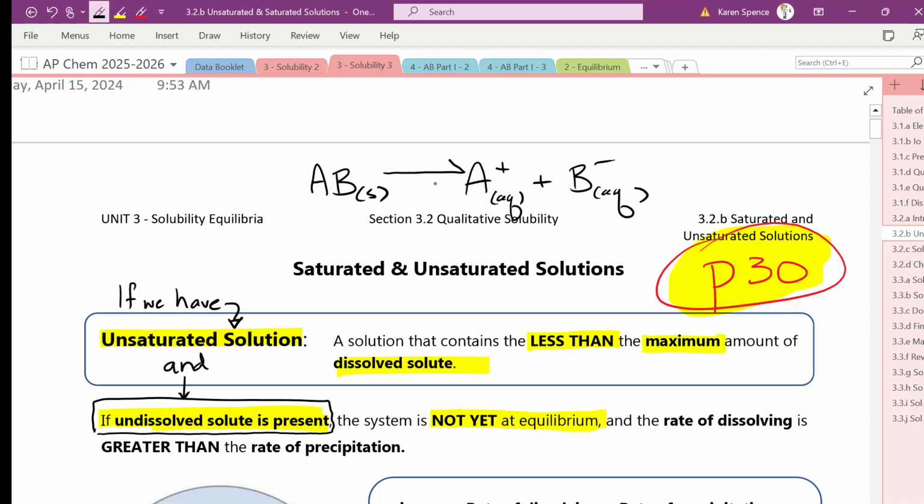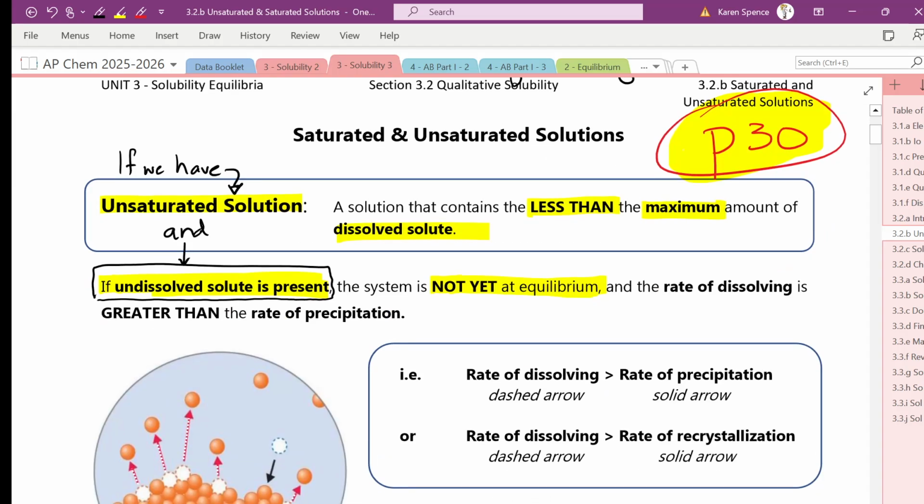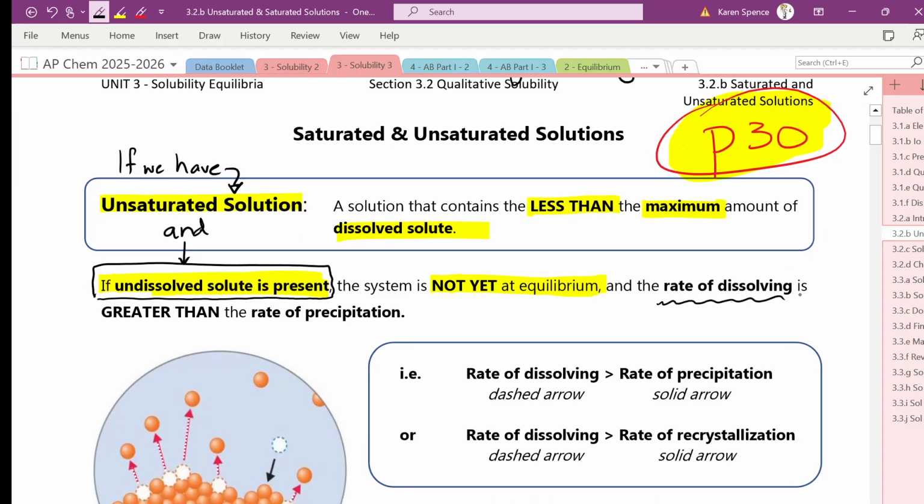Because we're dissolving faster than we are recrystallizing, which means that the concentration of ions will go up until we reach saturation. So the rate of dissolving is greater than the rate of precipitation.